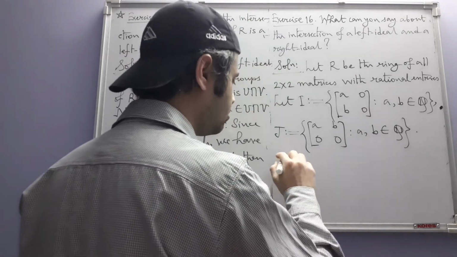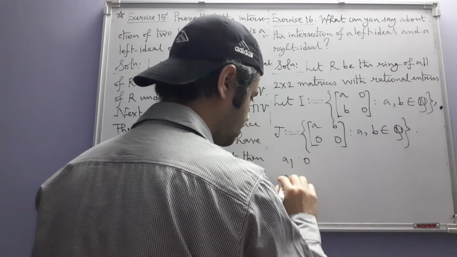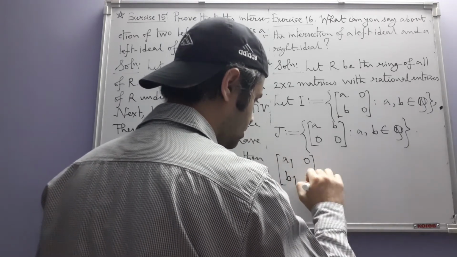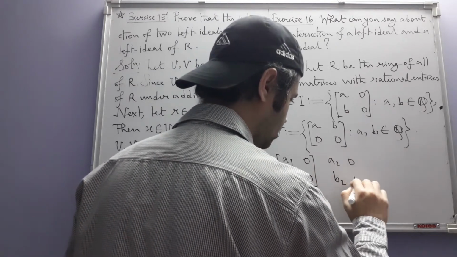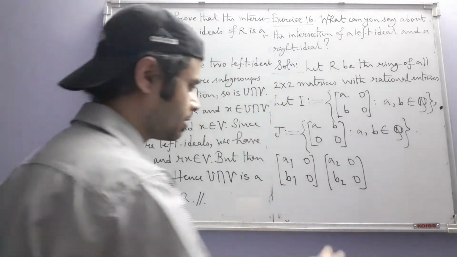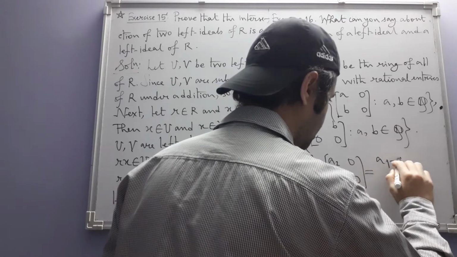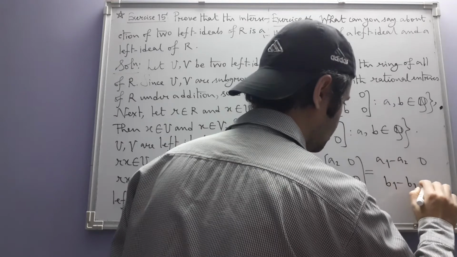You take any two elements in I, they look like this. This is one element and this is say another element, where A1, A2, B1, B2 are rational numbers, and you take their difference, so that becomes A1 minus A2, B1 minus B2.